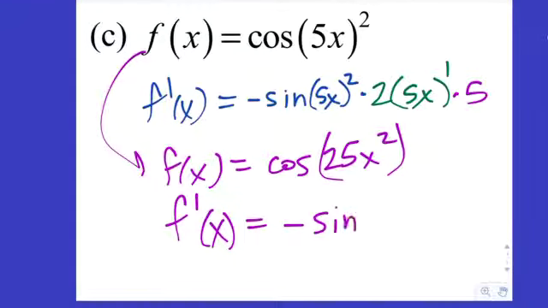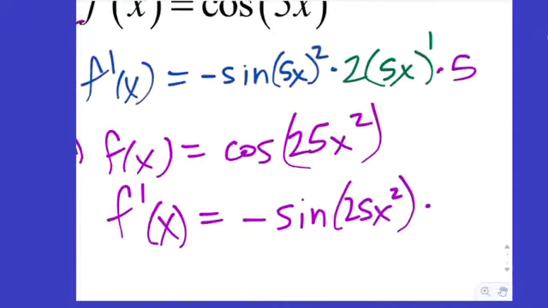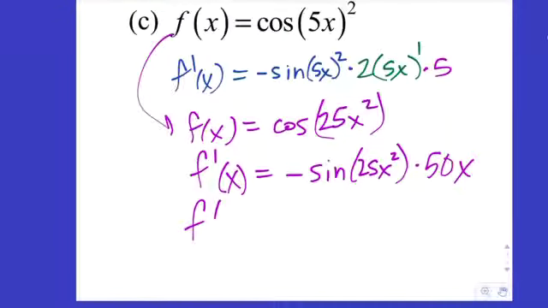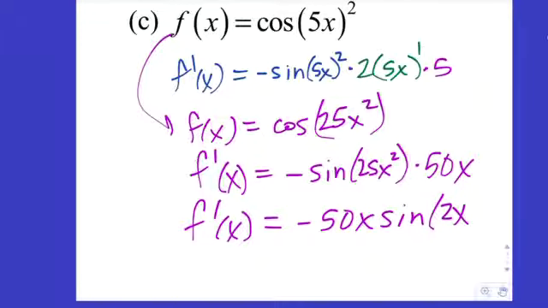So now it's negative sine of 25x squared times the derivative of 25x squared, which is 50x. So you do get an equivalent answer, but one less layer, one less opportunity to make a careless mistake, which I almost wrote 2x squared instead of 25x squared.